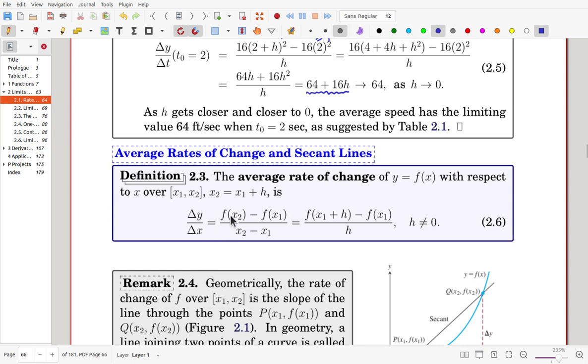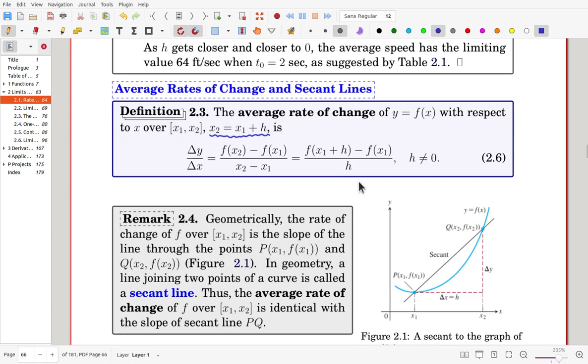The change in y is f at x2 minus f at x1, and the change in x is x2 minus x1. If we write x2 as x1 plus h, then it can be written in this way. That is exactly the formula we used when we were dealing with Galileo's law of free fall.